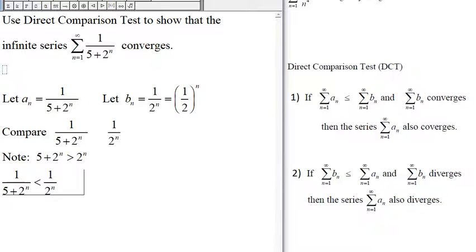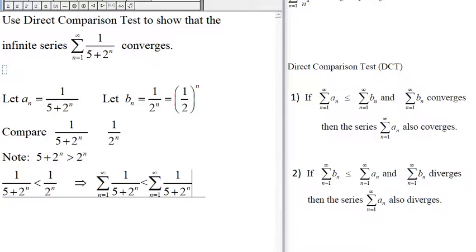And so from here, this series will be less than this series. This is the series A sub n, this is the infinite series B sub n.